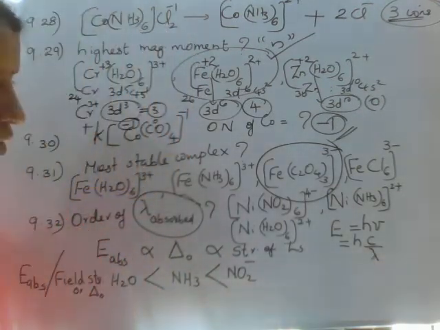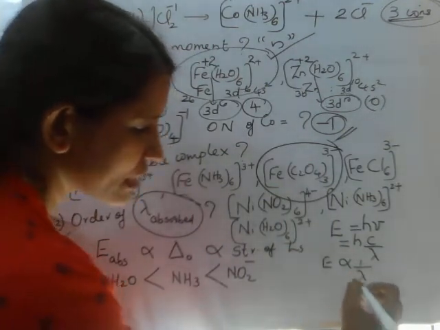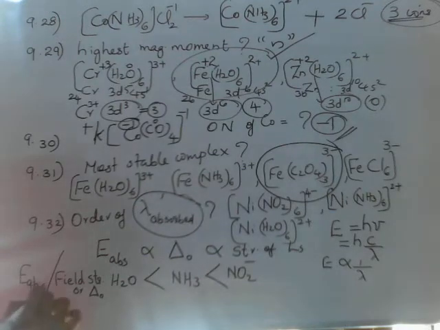So how are energy and lambda related? Energy and lambda are inversely proportional, right? If this is the order of energy, the order of lambda absorbed will be the opposite order. Means higher the amount of energy absorbed, lower the lambda of absorption, wavelength.